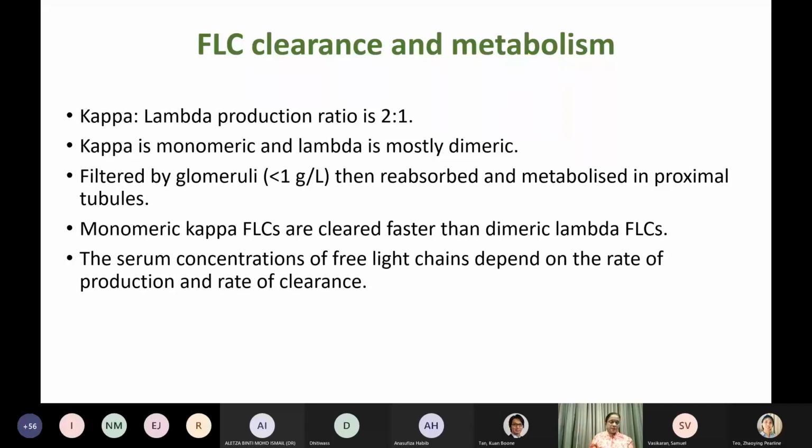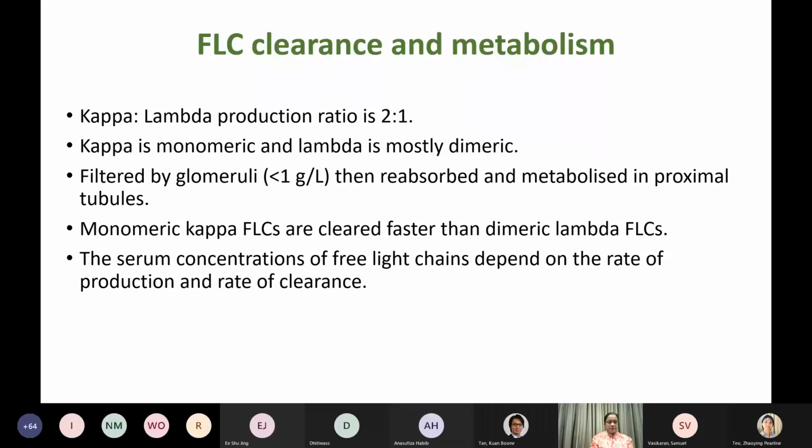Serum-free light chains are filtered by glomeruli and then reabsorbed and metabolized in proximal tubules. Although kappa-free light chain production rates are estimated to be twice that of lambda, their faster removal ensures that actual serum concentrations are approximately 50% lower than lambda.